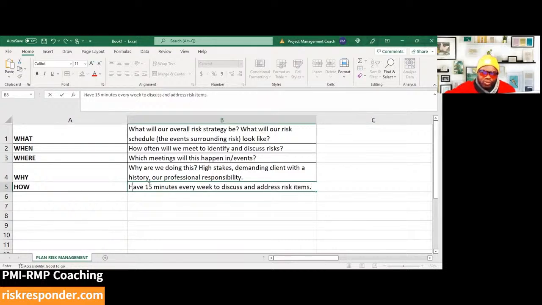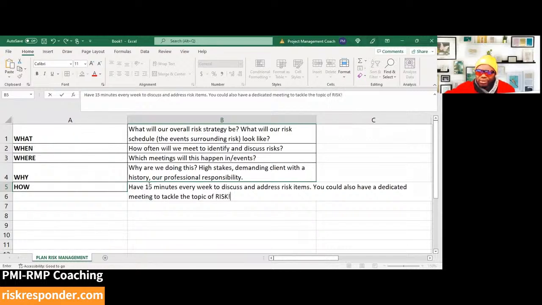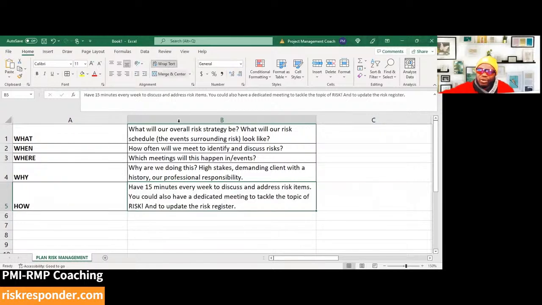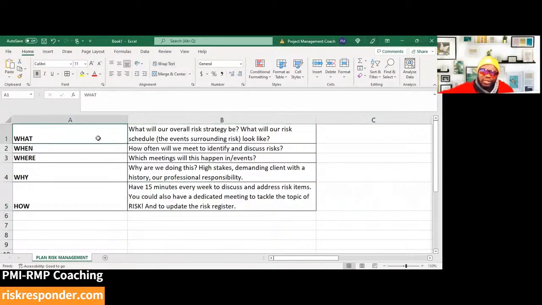You could also have a dedicated meeting to tackle the topic of risk, and to update the risk register. So you as a project manager, if you're called onto a project to lead as a project manager, you should be having this discussion with your team, right?